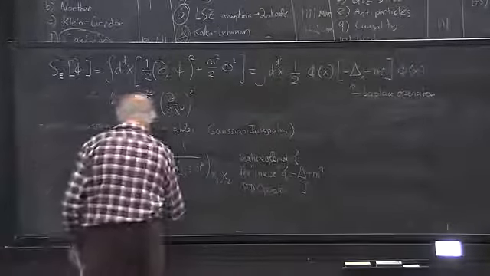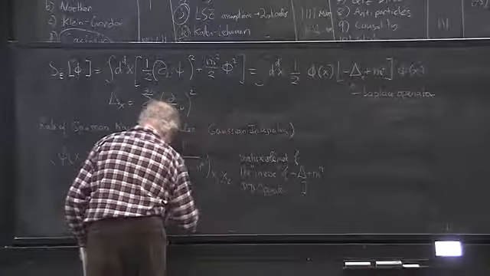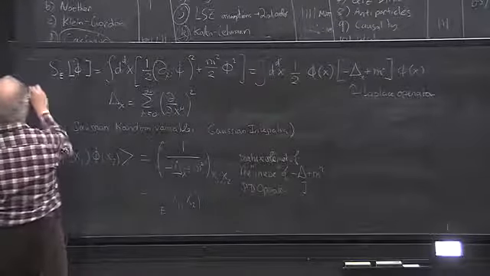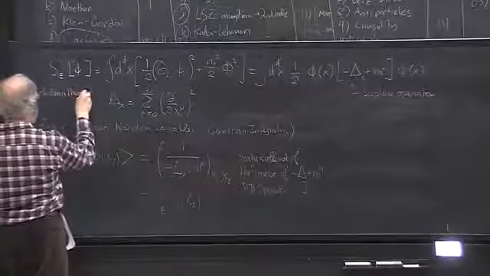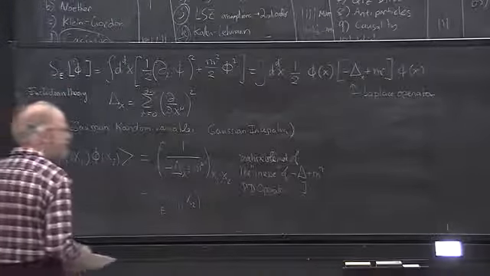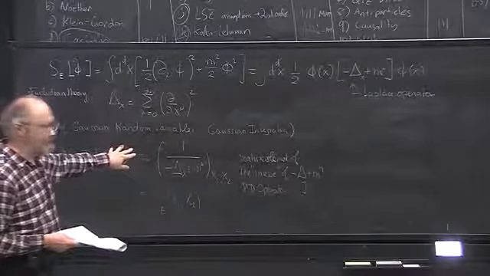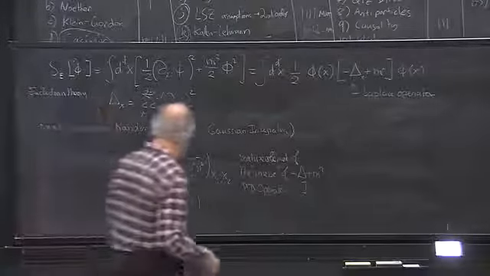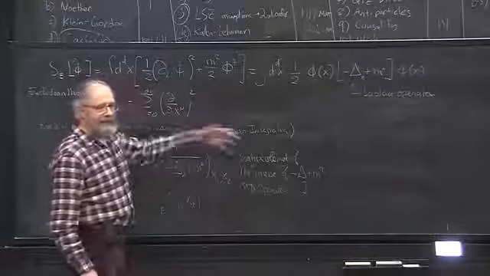So let me call this object the Green's function G of x1 and x2. And it's going to be the Euclidean Green function. I'm working in the Euclidean theory. Okay. So what is this object? It's something that you have, I think, already met in QFT1 and in statistical mechanics. It's the inverse of this operator. So it means that this function G, when you apply the operator, you get the identity operator.